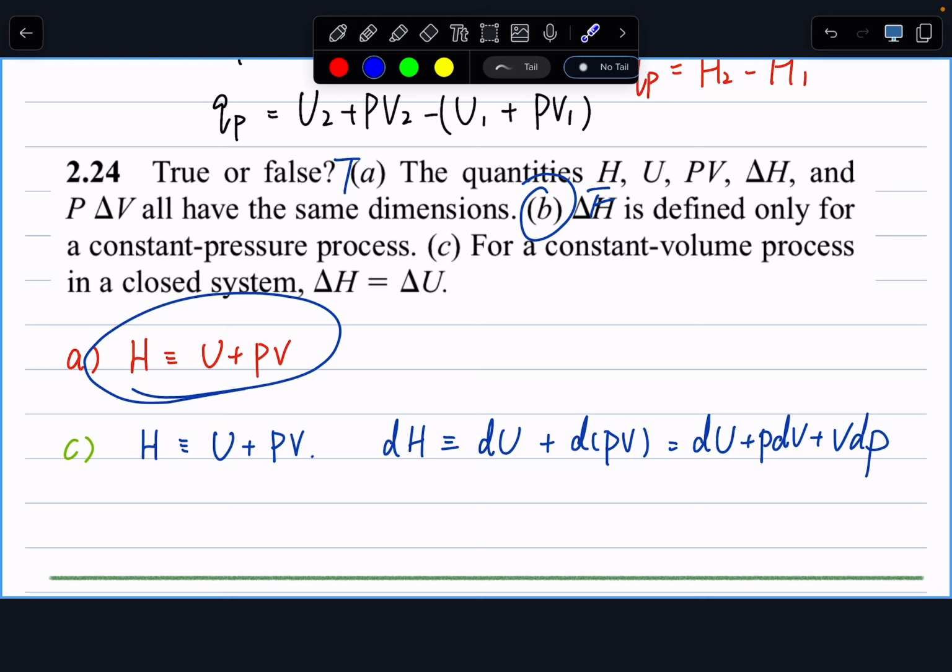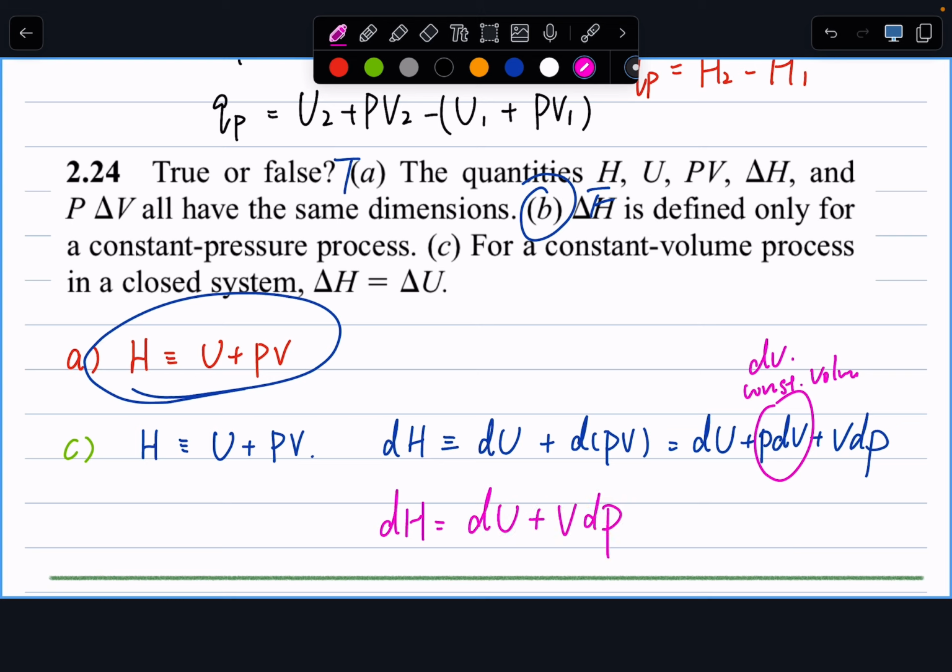So what does it give us? At a constant volume process, we have dV equals 0. But dH equals dU plus VdP. Taking the integral on both sides, now we have delta H equals delta U plus the integral of VdP.